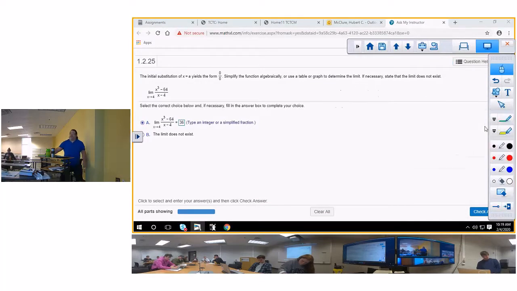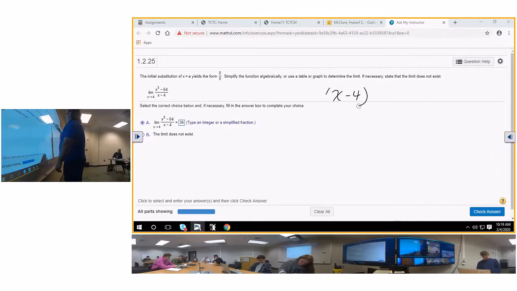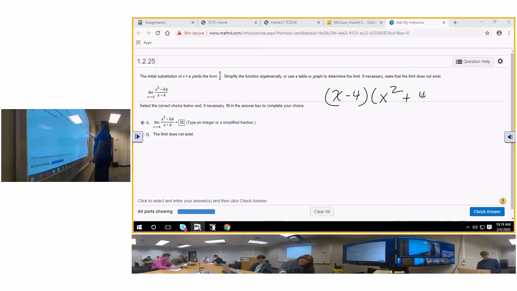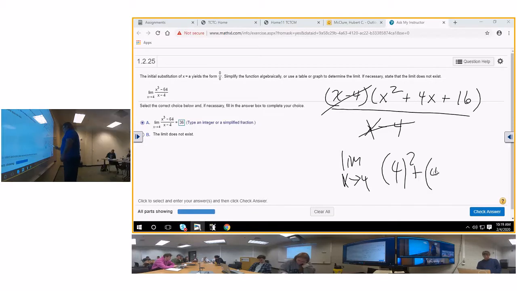So let's do it again. Here we go. Let's go with x minus 4 times x squared plus 4x plus 16. That's where I messed up. Over x minus 4 and cancel, and the limit as x approaches 4 is 4 squared plus 4 times 4 plus 16.